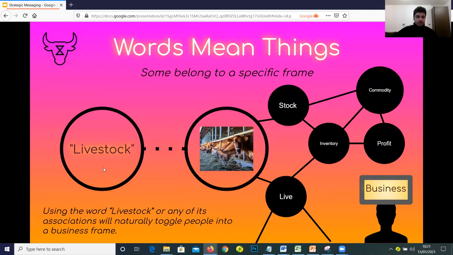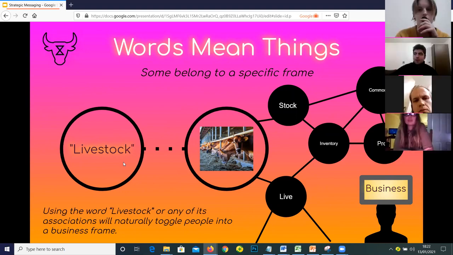Let's take another word. Here we have the word livestock. This is probably not a word we'll ever use in any of our messaging, and this would probably be why. When we say the word livestock, we deconstruct it to live and stock.